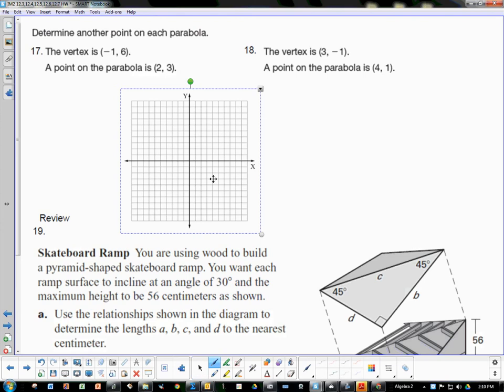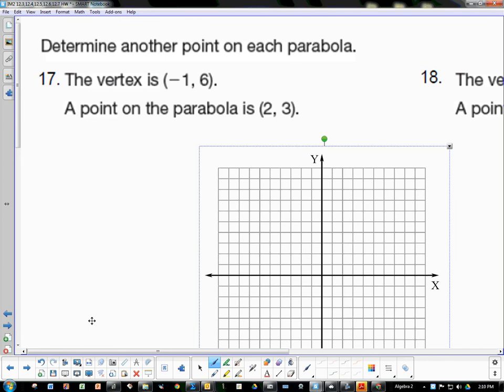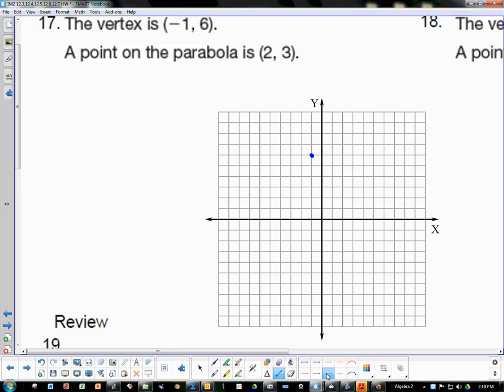So the vertex is -1 comma 6. Okay, so -1 comma 6. I'll zoom in for you. There we go. -1 comma 1, 2, 3, 4, 5, and 6. There's my vertex. So we know that the line of symmetry, or the axis of symmetry, passes through that point.